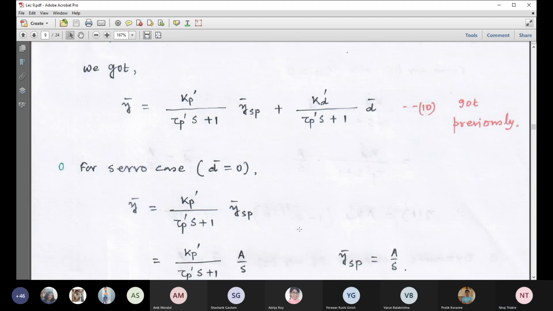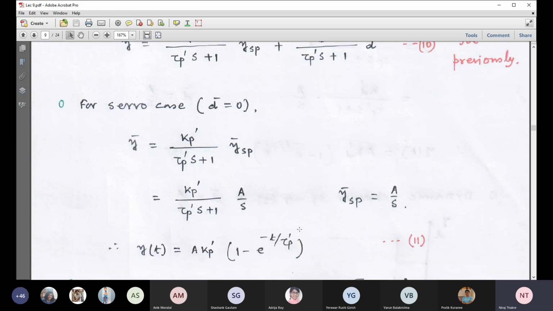Let us introduce a step change in set point with magnitude capital A. Now, if we take the inverse of Laplace transform, we get equation 11.